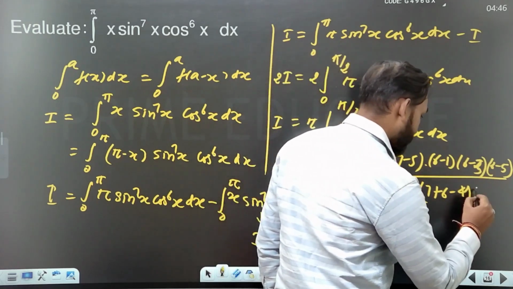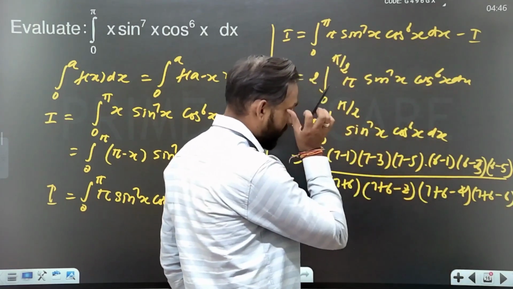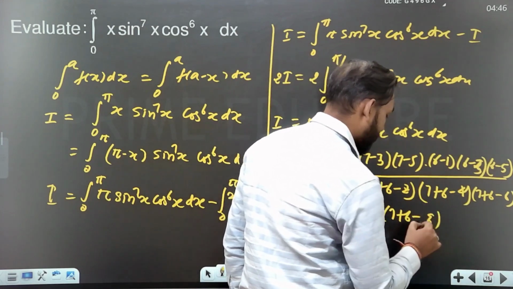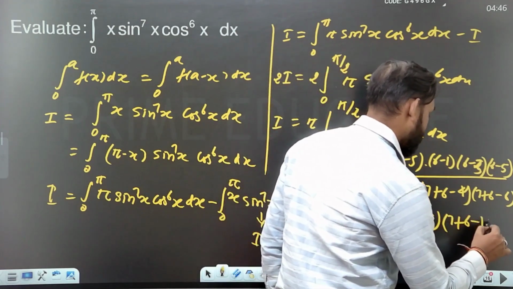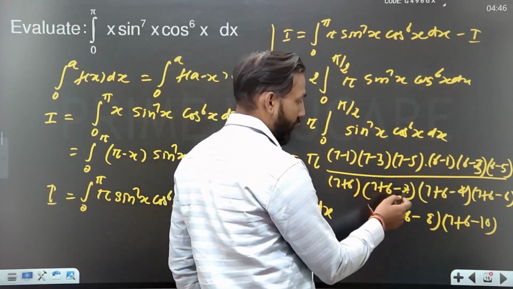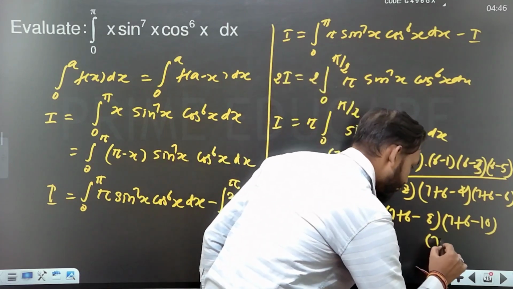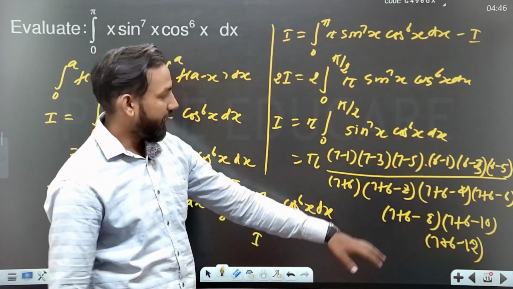Then also we have 7 plus 6 minus 6, then 7 plus 6 minus 8, and 7 plus 6 minus 10, because there is a difference of 2: 0, 2, 4, 6, 8, 10 and 12 also, and multiply by 7 plus 6 minus 12, and there we get the positive results.